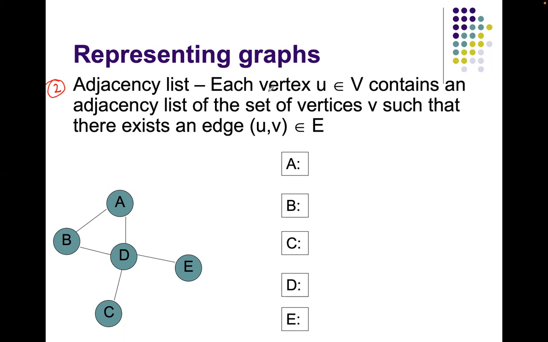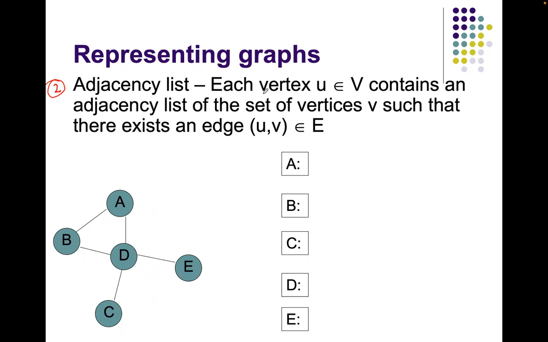We are going to represent the graph as a list of lists. We have a node A, and A is connected with B and D. So A has a list of the vertices with which A is connected.